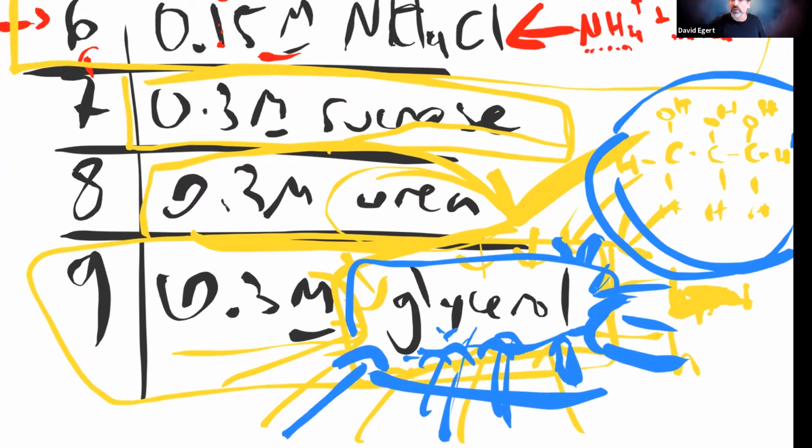It's glycerol, but we let the cells sit in there for about half an hour before we spun it down. So in your lab write-up, you're going to want to compare what the cells look like if you just mix them in glycerol and spin them right down versus letting them sit in glycerol for an hour and then spinning them down, right?